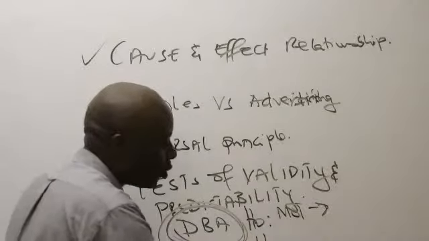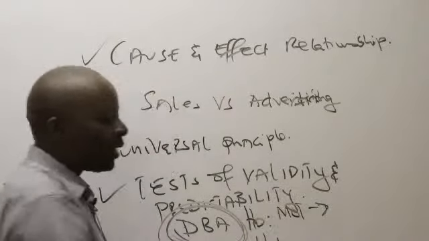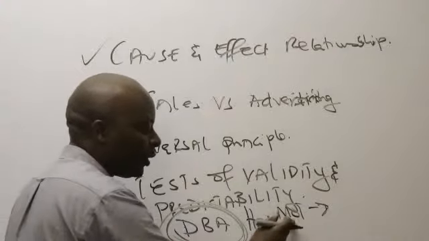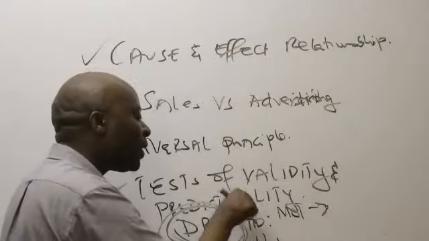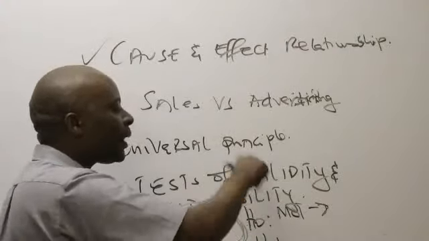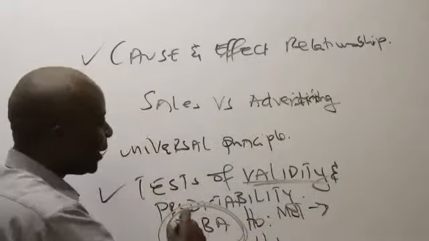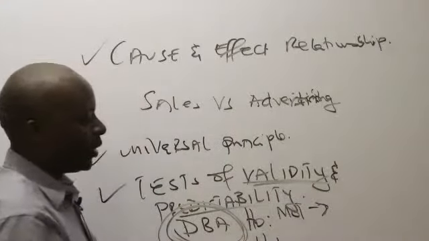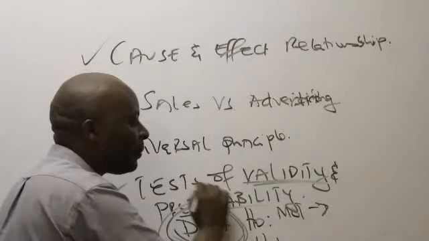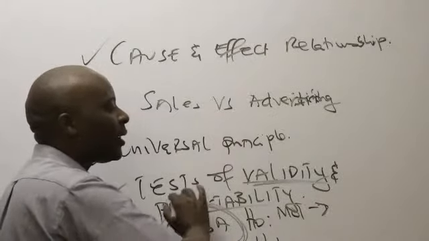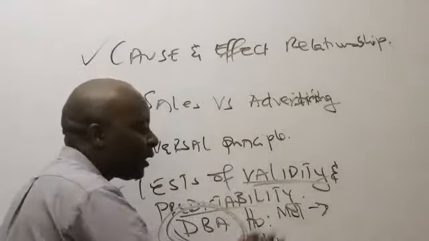And then we have the alternative hypothesis, which normally is the opposite of this. So we are able to test whether our management hypotheses are valid. We can easily predict using regression. This tells us that management is something scientific.